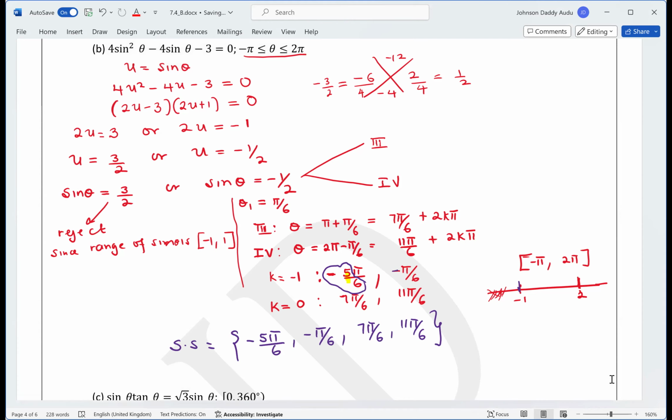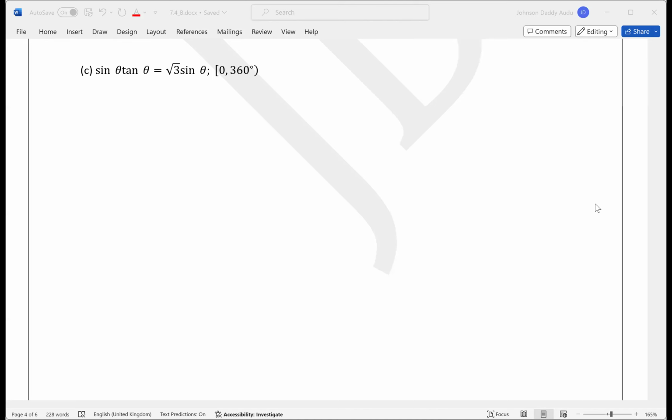So let's see the next example. All right. So let's look at this one. How can we solve this? Here you can see we have sine on the left-hand side and also sine on the right-hand side. So we can try to put things together.